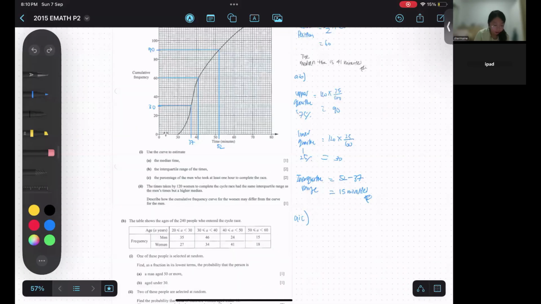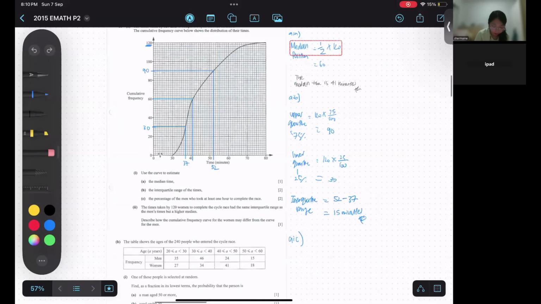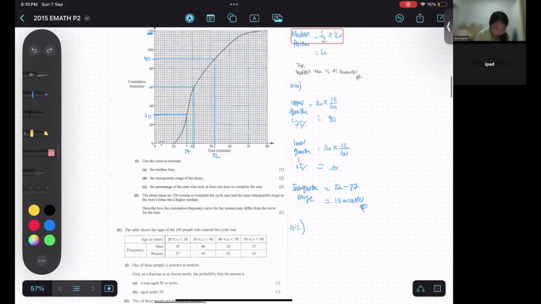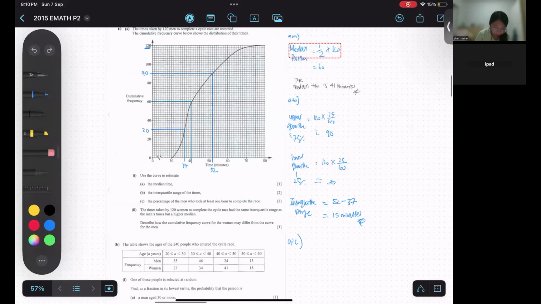Okay, so for 10 AIC, the percentage of men who took at least 1 hour to complete the race. Okay, so you know that 1 hour is equal to 60 minutes. At the 60 minutes mark, you draw a line.